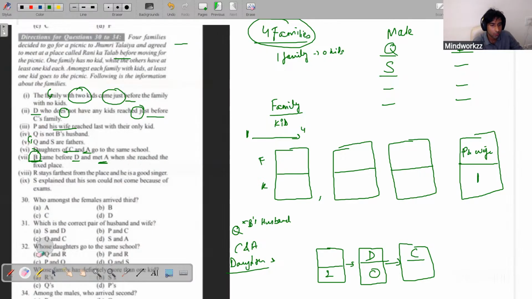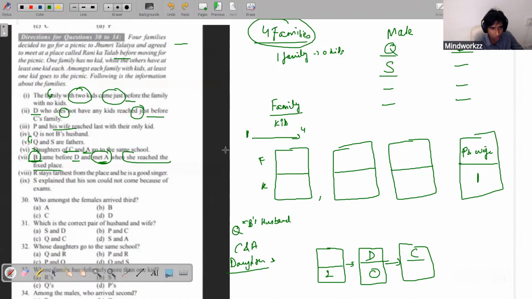Why am I certain? Because it is told to me when she reached the fixed place. अगर ये B का बात नहीं करता तो A would have reached the fixed place and then B would have reached, right? तो A would not have met B, because यहाँ पे B met A का बात हो रहा था. तो इसलिए मुझे पता है कि यहाँ पे when she reached जो है वो B का बात हो रहा है, not A या D.